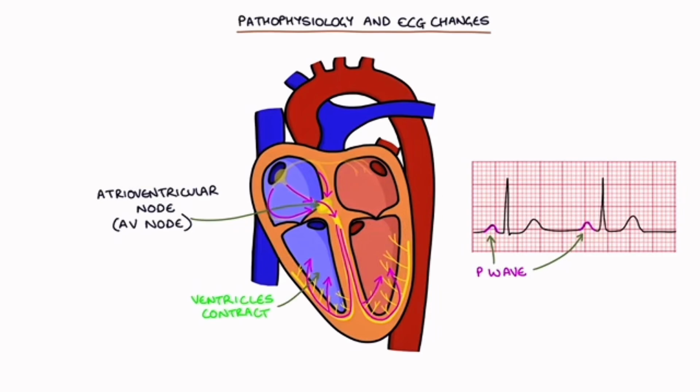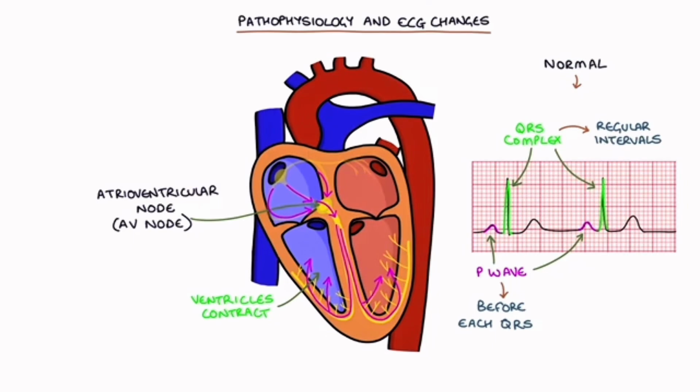The electrical activity in the ventricles causing them to contract is seen as the QRS complex on an ECG. When the heart is functioning normally, there is a P wave before each QRS complex, and the QRS complexes appear at regular intervals. This is called sinus rhythm.